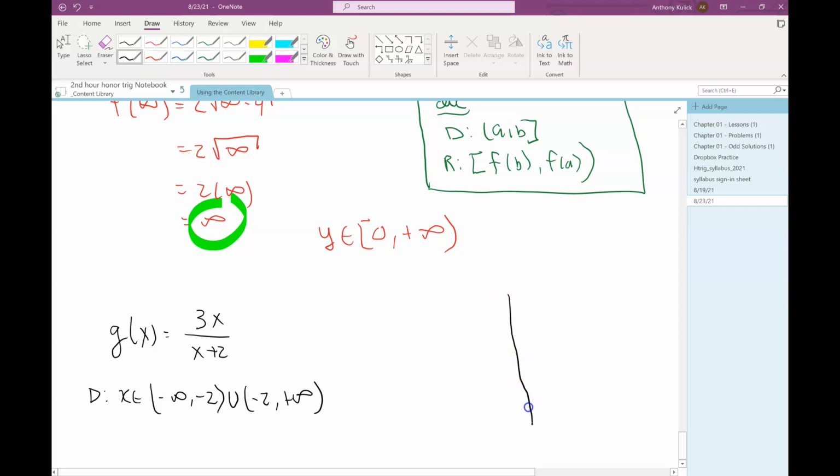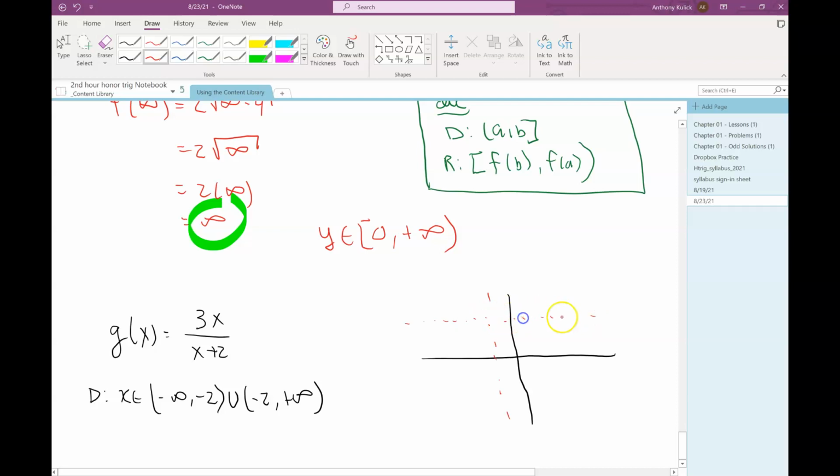So I know that for a simple rational function, it's going to be like what its shape is going to look like. It's going to have a vertical asymptote where the denominator is equal to 0. And then it's going to have a horizontal asymptote.